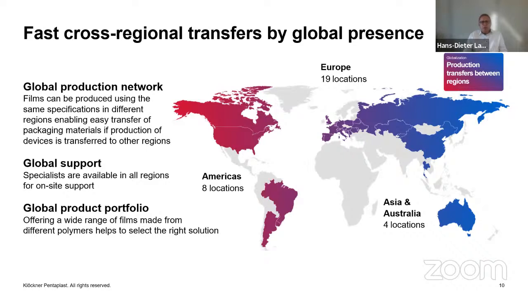So when there is production transfer, packaging is transferred together with the medical device production, and it is accelerating all the registration if the material is really the same and according to the same specification.